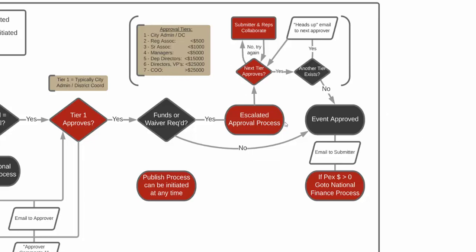So once everything is approved, the event triggers the email to the submitter saying that the event is approved, and if the PEX dollar amount is above 0, then it's going to also trigger the first step of the national finance process, which we'll talk about in a different video.